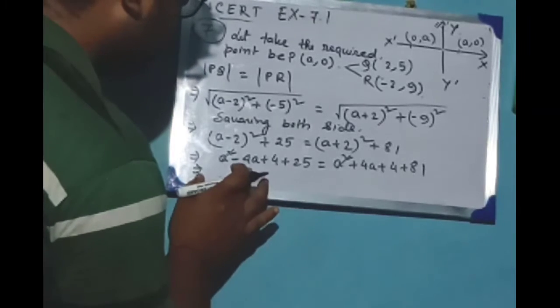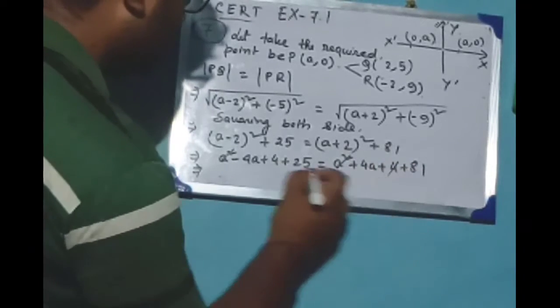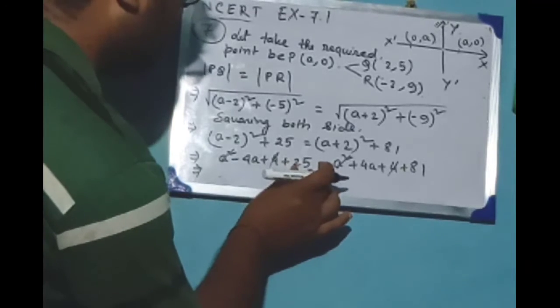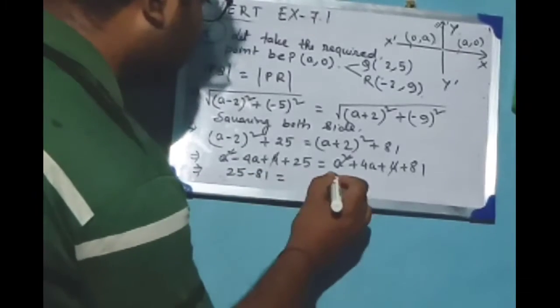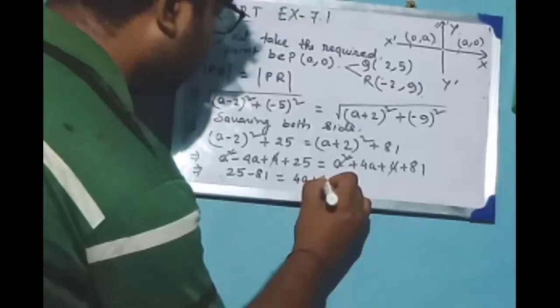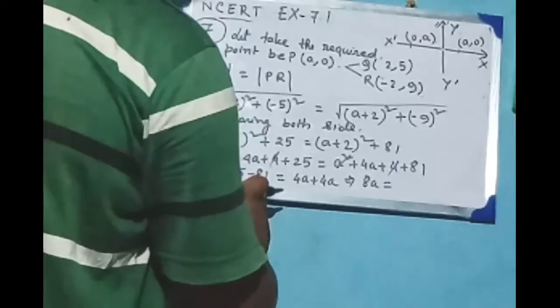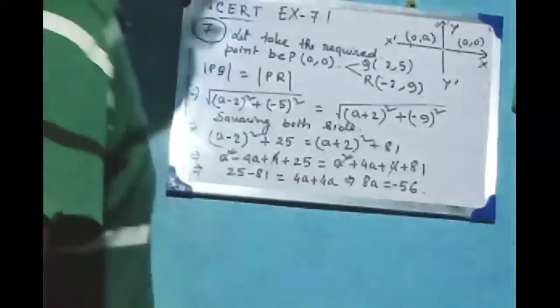Now if I take this minus 4a over here, the 4 will be cancelled out. So there will be 25 minus 81 equals 4a plus 4a, implying 8a equals minus 56.